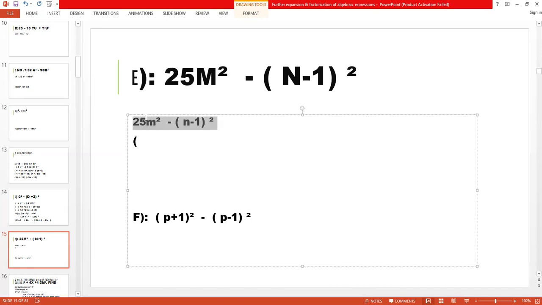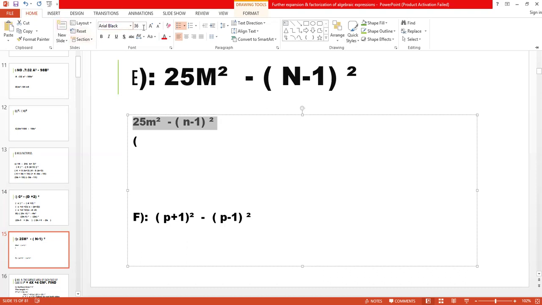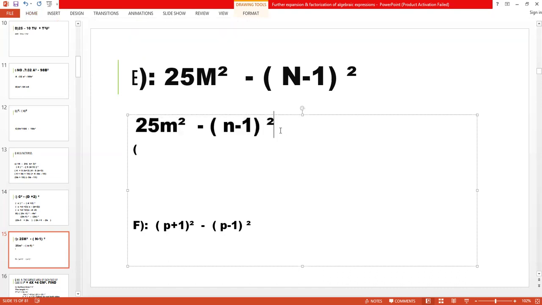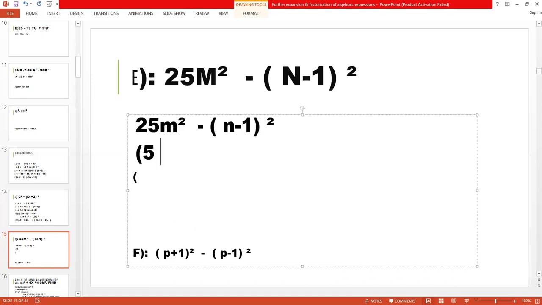So memorize all the squares. At least you must know the first 20 squares. Okay. So 1 time 5m, and then I have to take the square.